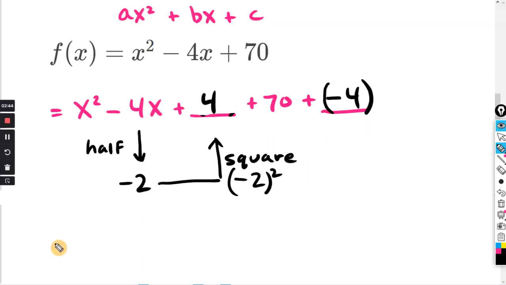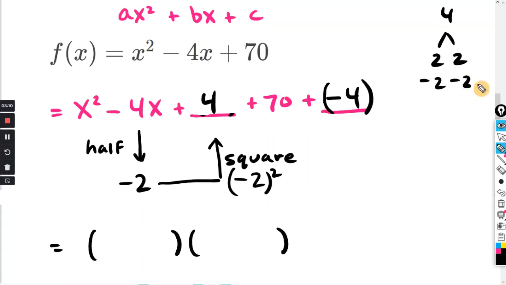Now what we're going to do is factor this right here. What are two numbers that multiply to 4 and add to -4? If you write out the factors of 4, you have +2 times +2 and -2 times -2.